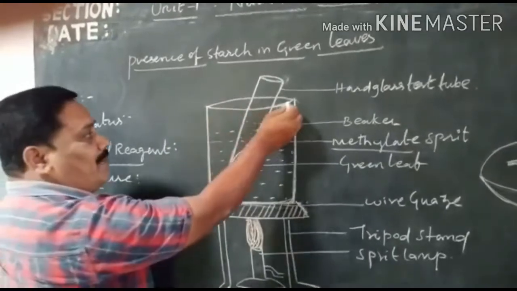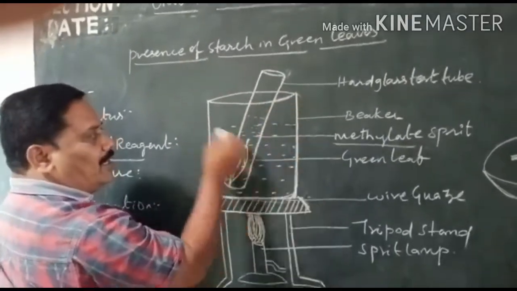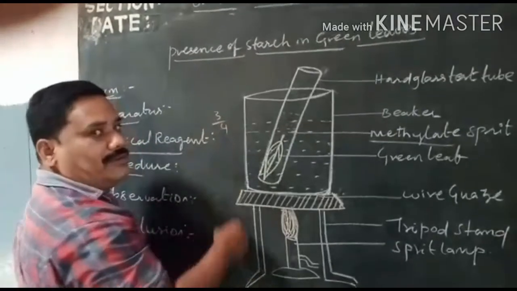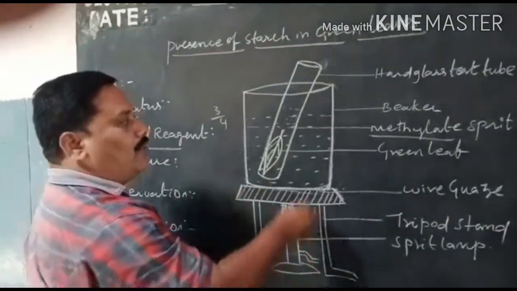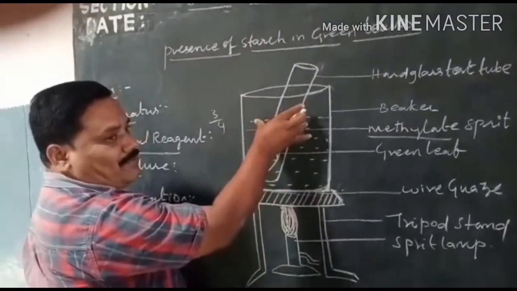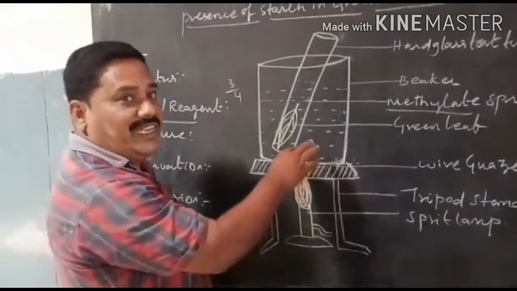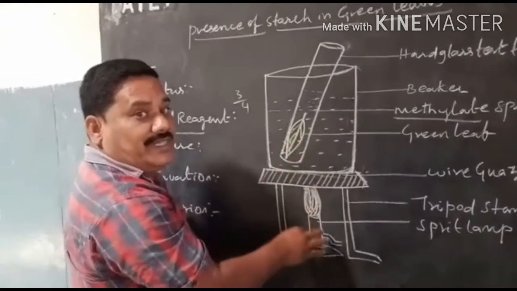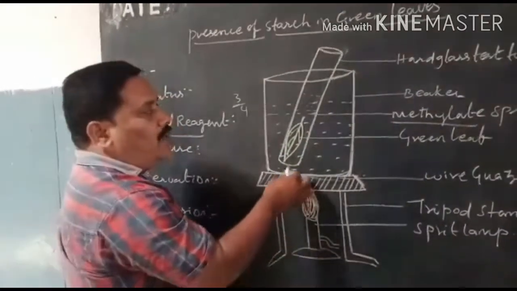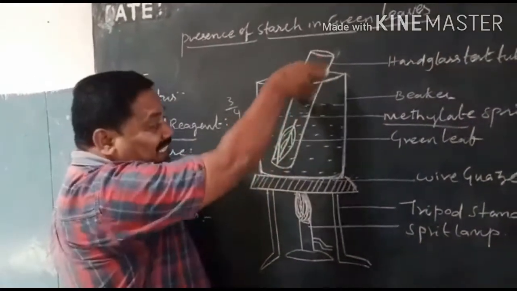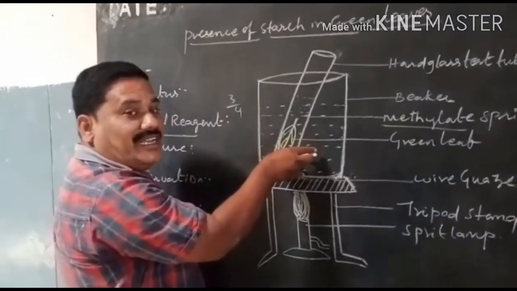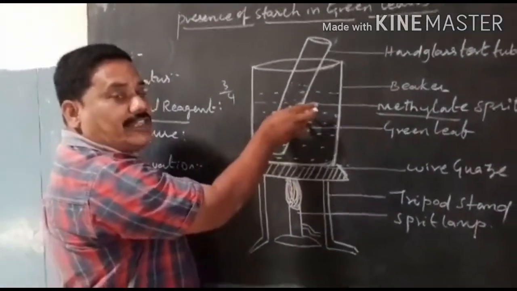Now take a beaker filled with water up to three-quarters, and boil the water with the help of a spirit lamp. Place the test tube inside the beaker containing water. This is called a water bath.